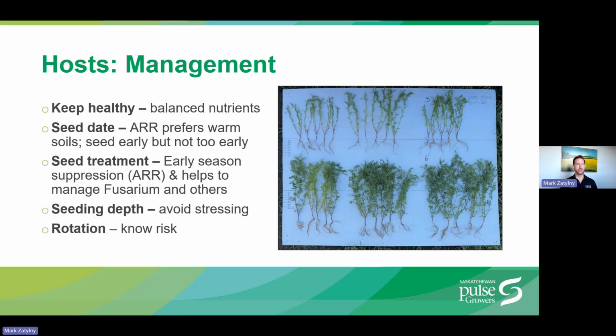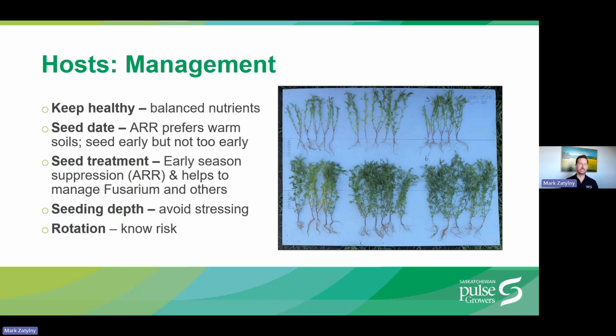Again, seed treatment provides that early season suppression and helps to manage all the pathogens in the root rot complex for that first handful of weeks. Seeding depth, you want to make sure that you calibrated your equipment well to avoid stressing the plant, as if you go too deep, it has to expend a lot of energy to get out of the ground, and it will take longer, stressing the plant, making it more susceptible to infection.